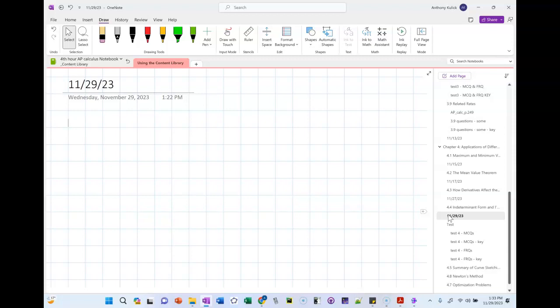There will be times, especially in the multiple choice, or in a free response question, where you're asked to use those. So you definitely want to know what you need in order to apply the theorem, and what you can say with it.